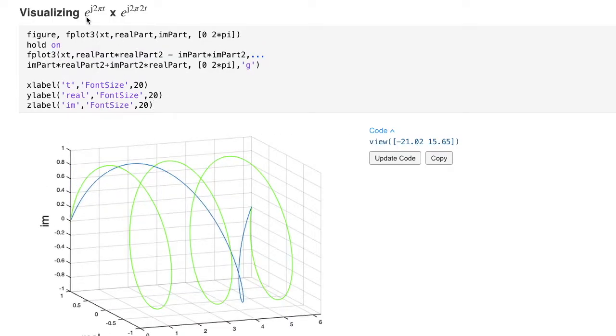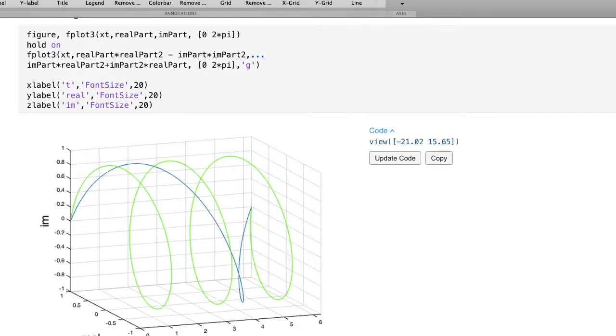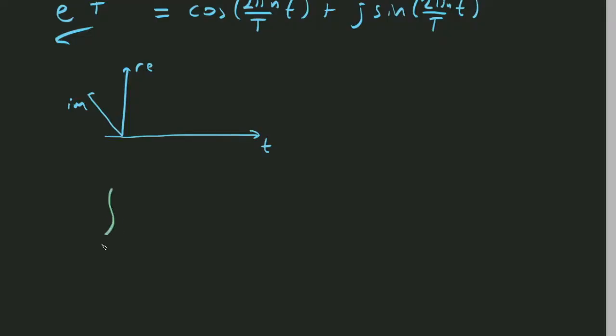Note here that if you multiply two periodic signals in this form, their integral will be 0. That's an important fact that we use while deriving the Fourier series. Now we know that the complex exponential e to the j 2 pi over T times n times t, its integral over a period is 0.